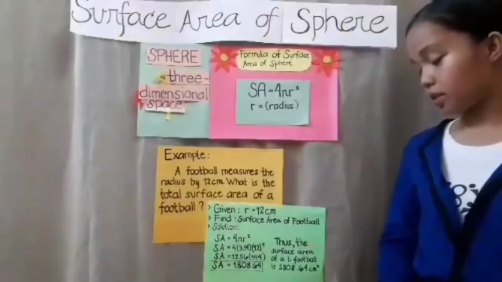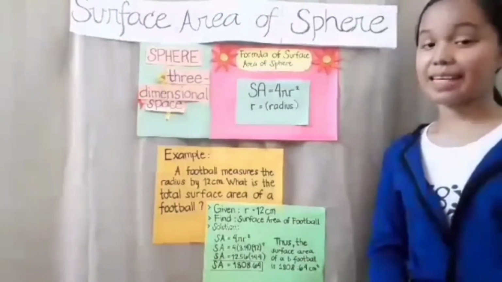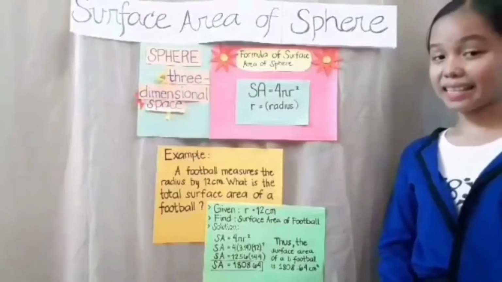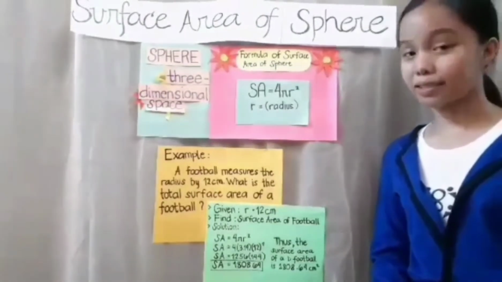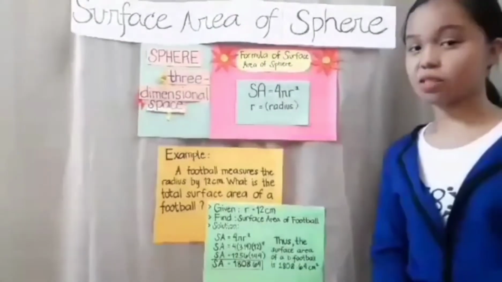Thus, the surface area of the football is equal to 1,808.64 centimeters squared.